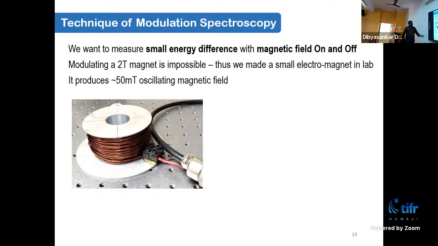And we have made a specific circuit in our lab. With that, we have a magnetic field of 50 millitesla, which is the order of those shiny neodymium magnets, which have a constant DC field of about 50 millitesla. This produces a similar magnetic field, but it is oscillating.